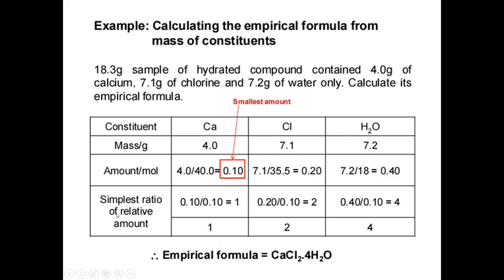So the simplest ratio of relative amounts, the empirical formula, is calcium 1, Cl 2, and the ratio for water molecule is 4. So you need to write it like this, CaCl2 dot 4 H2O.